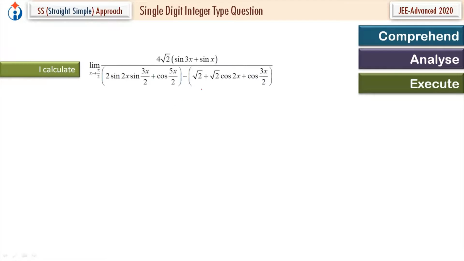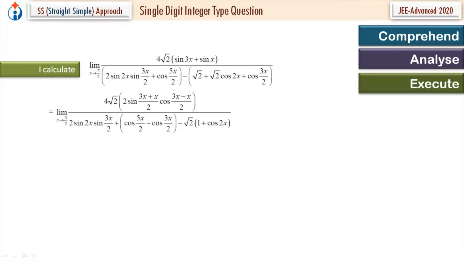Let's calculate. So sin c plus sin d, basic result. And I take this and this. Why am I taking this? So 5x plus 3x, plus minus, will give you 8x or 4x, 0 divided by 2. This will reduce, right?